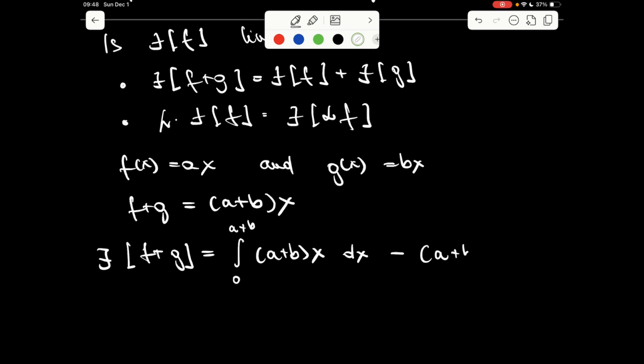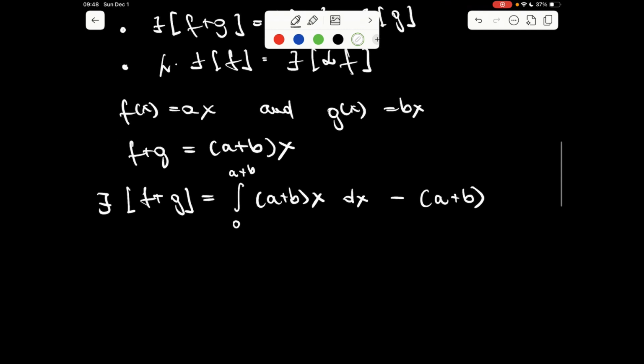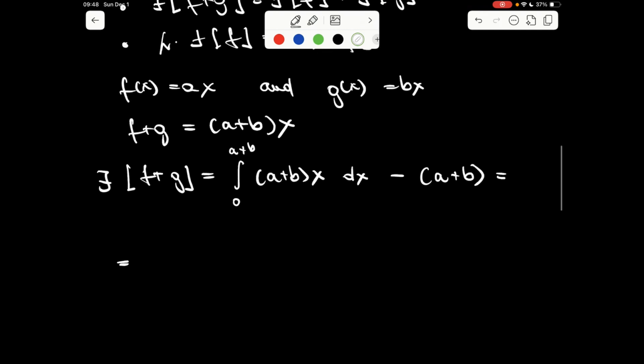Minus (a plus b). Yes, we can factor out. No, we can first cut the integral into two parts.